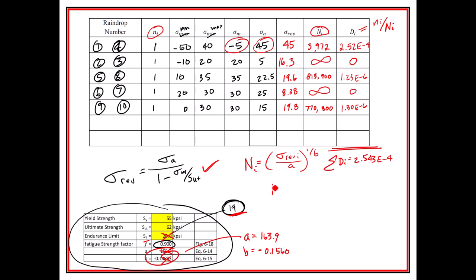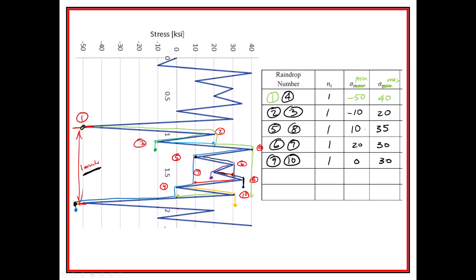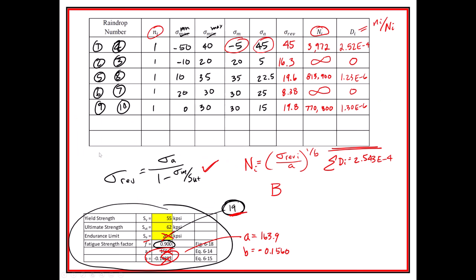of blocks, right? So remember that this was just one block that was taking place between here and here. It lasted 1 minute. So we want to figure out how many blocks. So I'm just going to call it capital B times the summation of di's to equal 1. Remember, the whole idea here in Miner's rule was that the damage fraction has to equal 1.